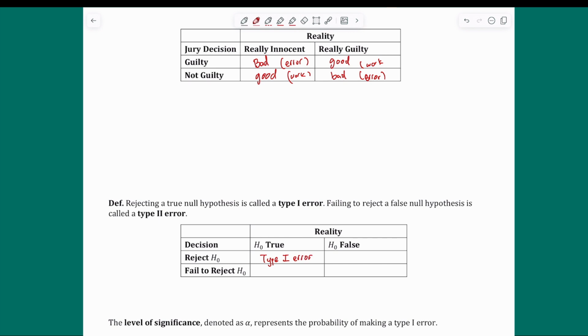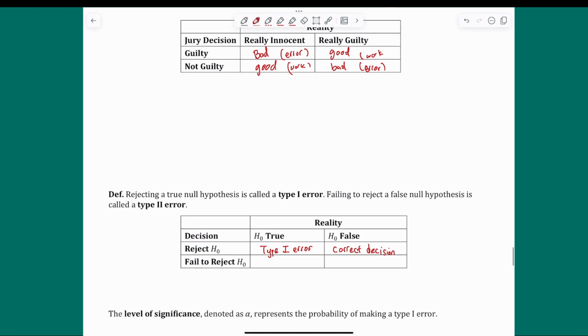Type 1 error. If the test came out to reject the null and the null hypothesis is false, that's a correct decision. And if the test concluded to fail to reject the null hypothesis and the null hypothesis is actually true, that's good.